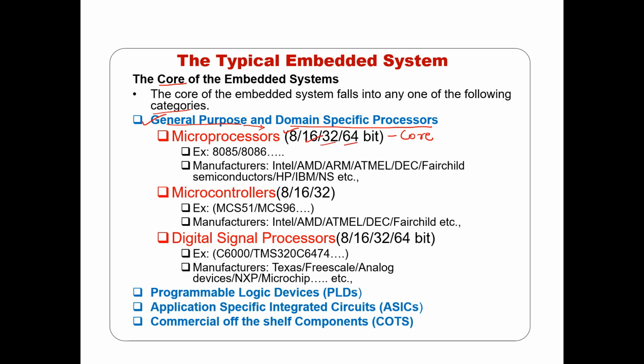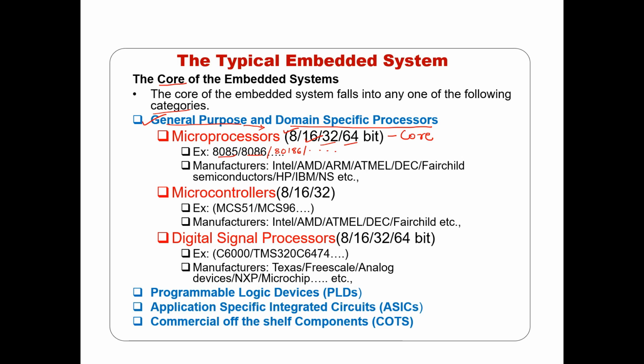Examples of microprocessors used in embedded systems are 8085, 8086, 80186, 286, Pentium 4, Pentium Core. The various manufacturers are Intel, AMD, ARM, Fairchild, etc.